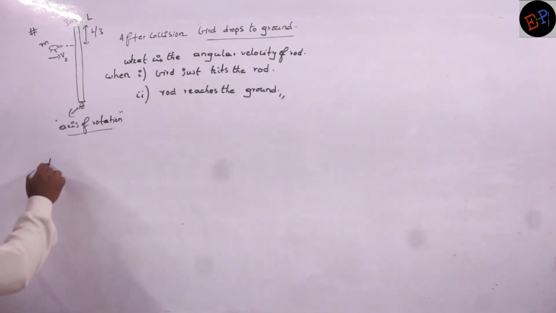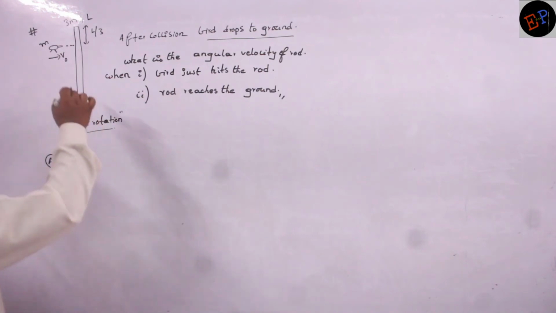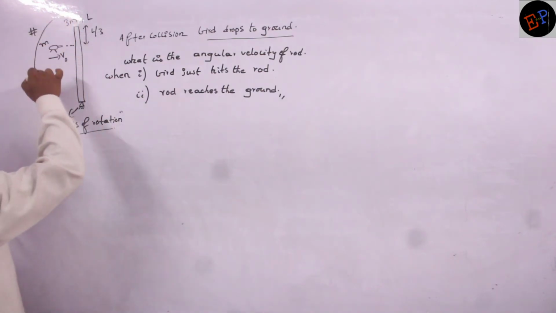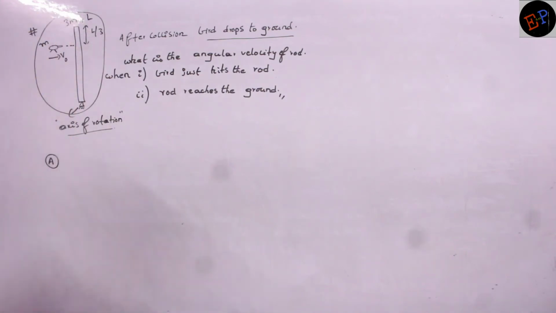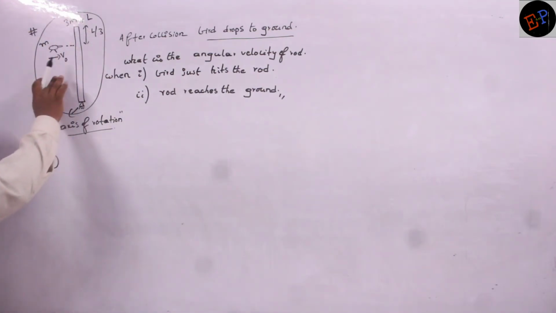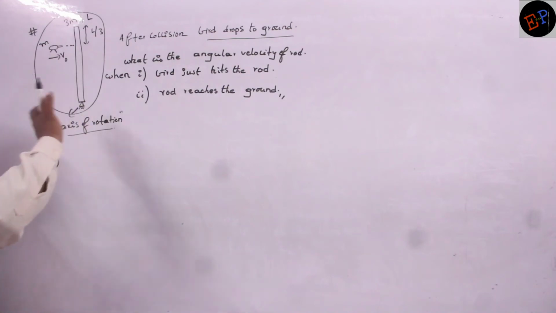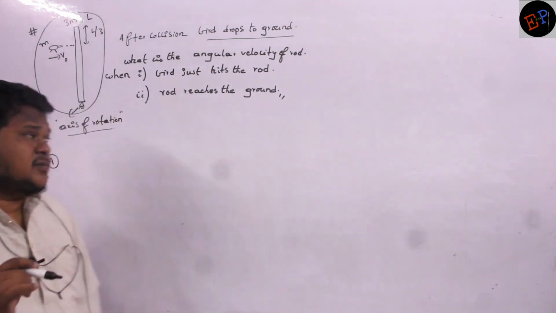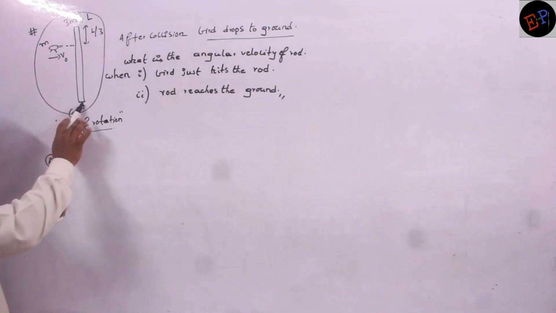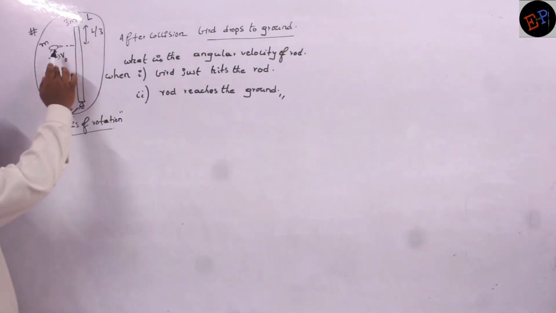So what I will do is, I will take the total bodies as my system. Bird and rod, both of them I will consider as a system. If you take individual bodies, for example if you take only the rod, then on the rod the bird is applying force.